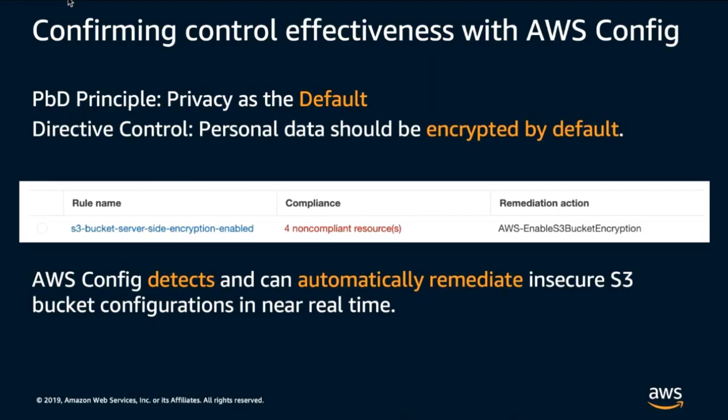So you can actually use our existing managed rules, ones we provide for you, like this S3 bucket encryption rule. But you can also bring your own rules. And we also have open source rules. If you go check on GitHub, you will see that we have a large range of rules which have been created by our consultants, which will help you comply or to apply particular controls within your environment.